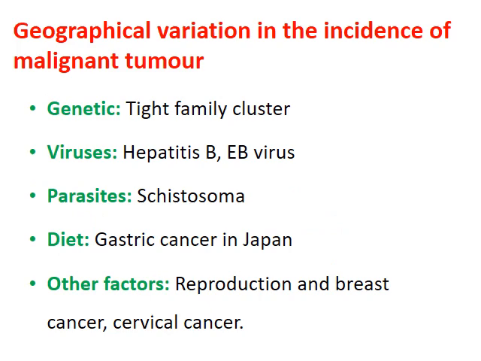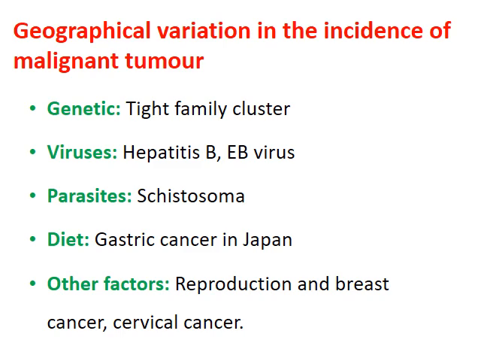The geographical variation in the incidence of a malignant tumor means that some types of tumor are clustered or aggregated in one part of the world more than in others. So why is this happening? Maybe because of genetic factors, meaning local people have a genetic tendency or genetic susceptibility to develop this type of cancer. The other reason is maybe viruses. Viruses are endemic in that part, for example hepatitis B and Epstein-Barr virus.